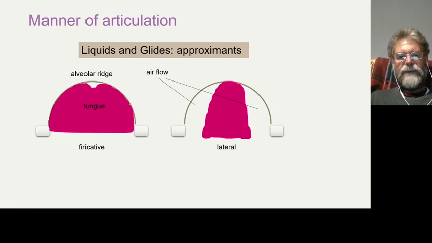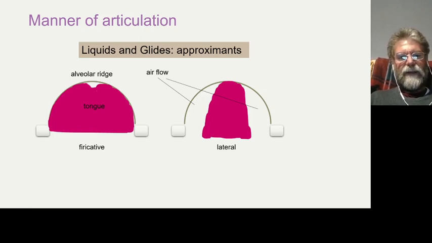But with this lateral sound, it's not a fricative because the air gap on both sides of your tongue is too big. It doesn't create any hissing sounds, and clearly it's not a plosive either, because you're not blocking off the oral cavity. So you get this kind of sound that sounds like l. Okay.